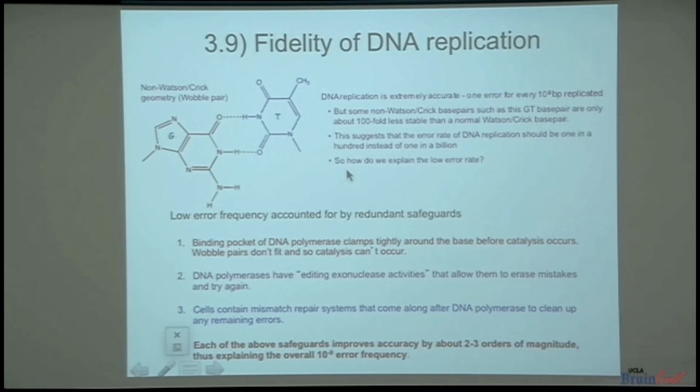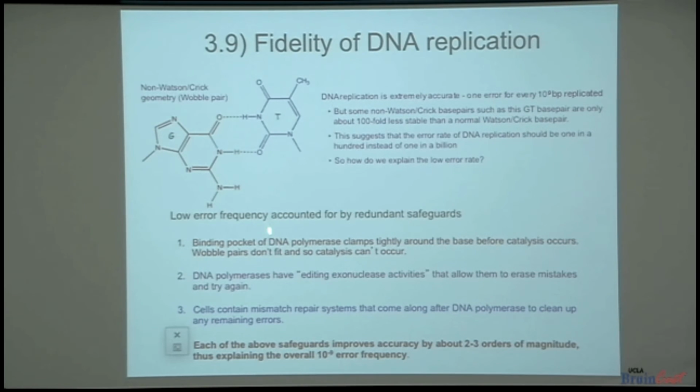Each of these safeguards improves the accuracy by about 2 to 3 orders of magnitude. None of them is perfect, but that's how you get from a 10 to the minus 2 error frequency to a 10 to the minus 9 error frequency.